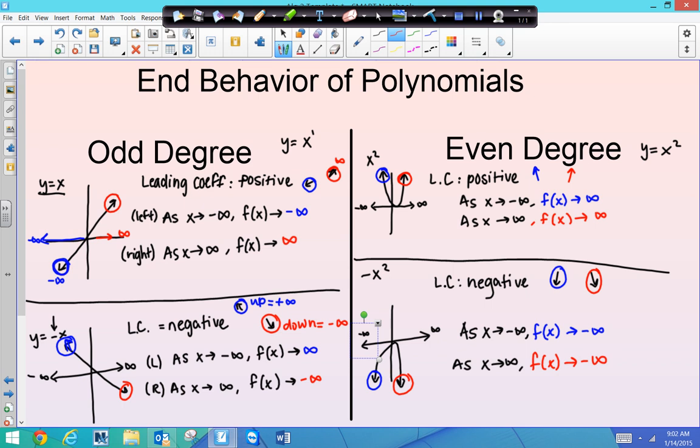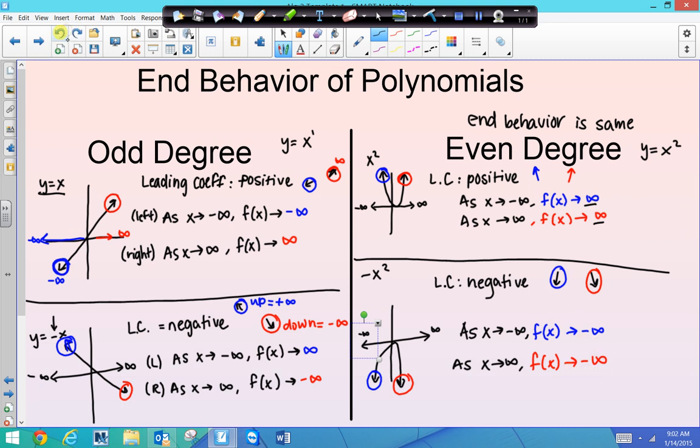So if you notice the difference between the evens and the odds, the even degree end behavior is the same, meaning that these two things are going to match.